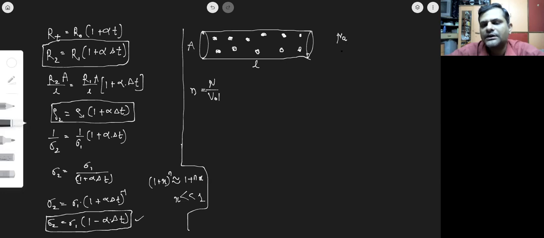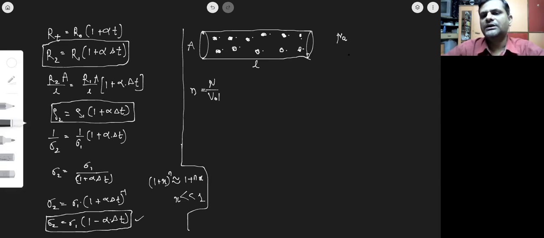If all these atoms are of sodium metal, then we know that every atom has one free electron. For sodium, one electron of each atom becomes free. This is a free electron, this is a free electron. So per atom only one free electron will be there, and because of that these free electrons will be available for conduction, and hence the number of these free electrons per unit volume will be called the number of electron density, which will be very small in this case.